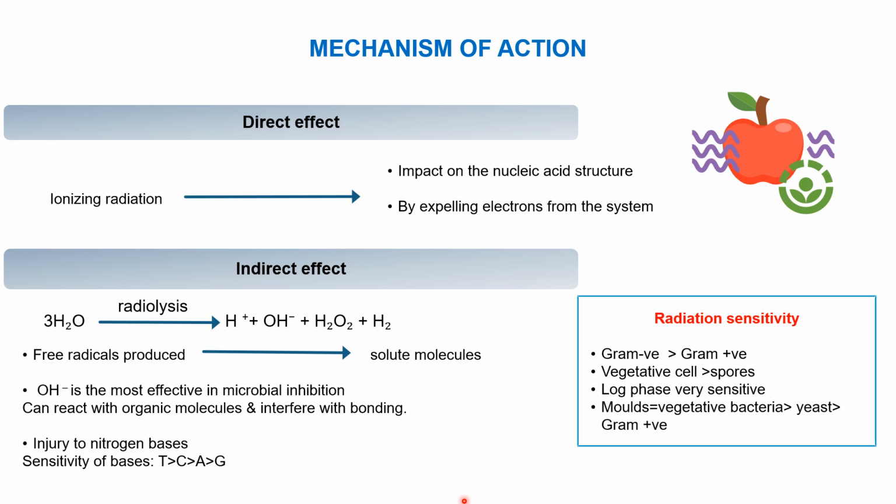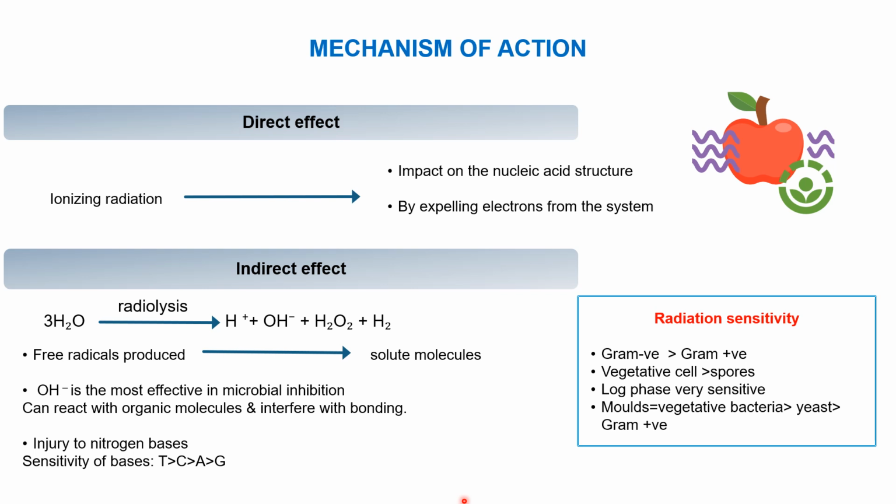Now, when we talk about radiation sensitivity, we can follow this trend given in the box. Gram negative is more sensitive than gram positive, which is obvious because gram positive has a protective peptidoglycan layer around it. Second, vegetative cells are more sensitive than spores. Why? Because spore is an adaptation to extreme environmental conditions.